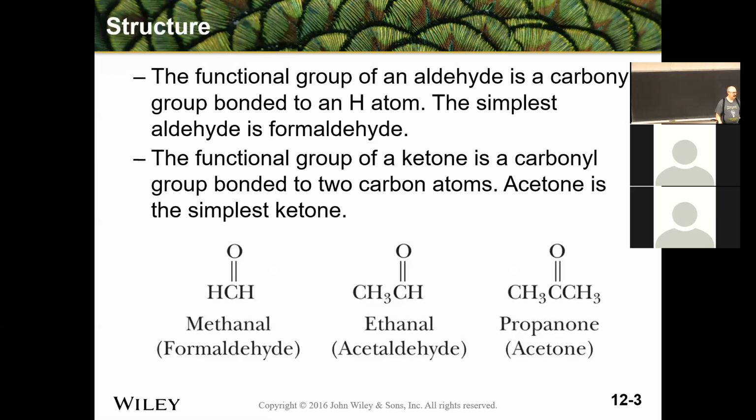Okay, if the carbonyl is bonded directly to a hydrogen, then we have an aldehyde. The simplest aldehyde is formaldehyde. Its IUPAC name is methanal. Okay, we take methane, which is one carbon, we drop the E, and then the suffix is al for aldehyde. Okay, don't confuse that with methanol, which is an alcohol.